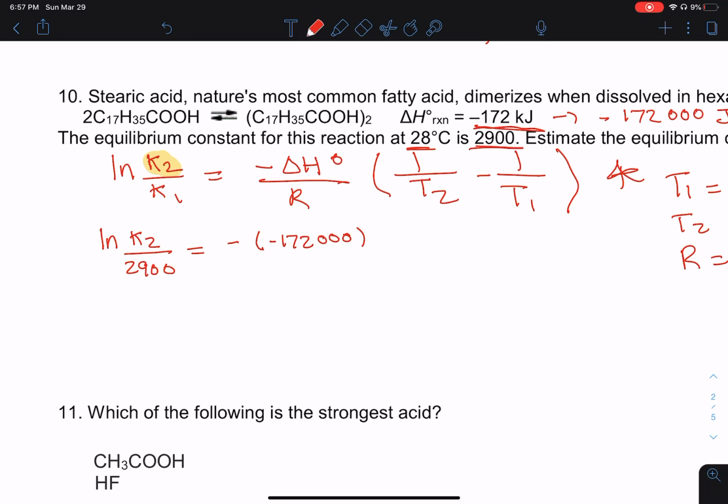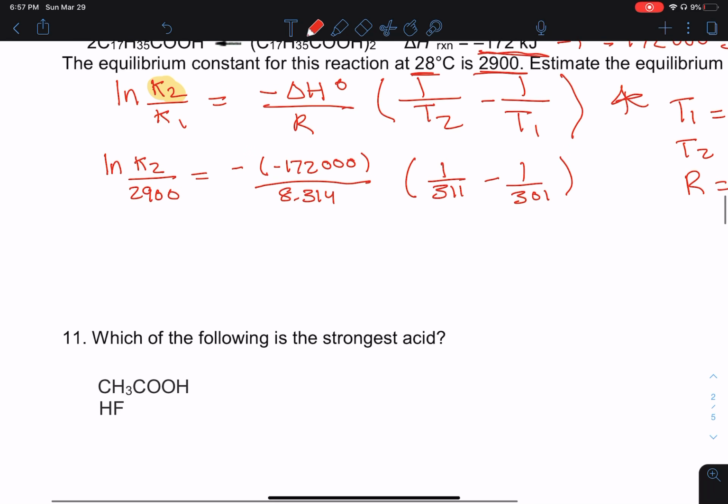I mean, negative 172,000 over 8.314 times 1 over 311 minus 1 over 301. And then ln, to simplify that, is equal to negative 2.209.